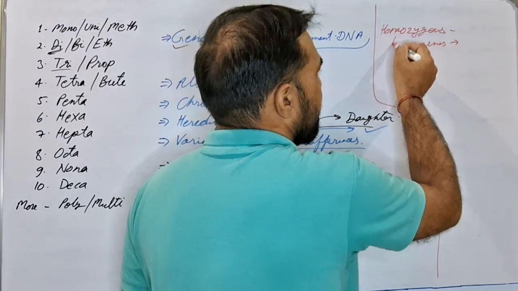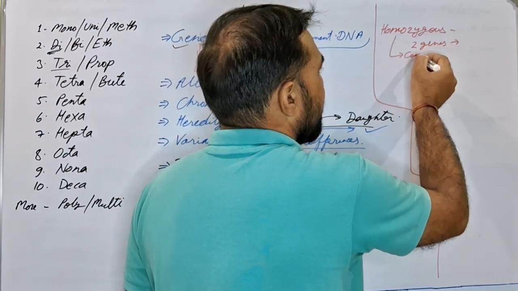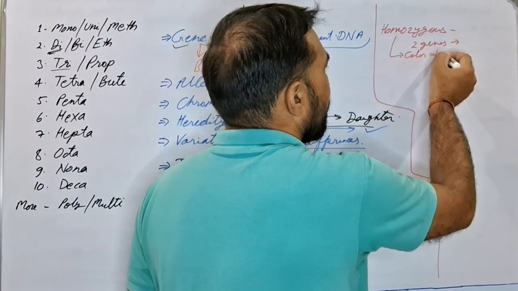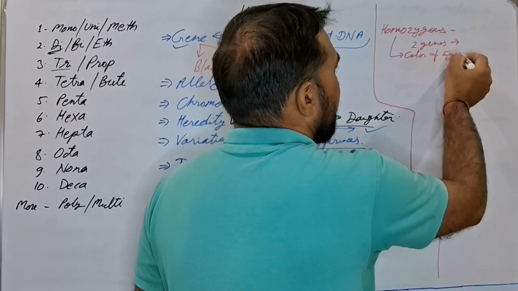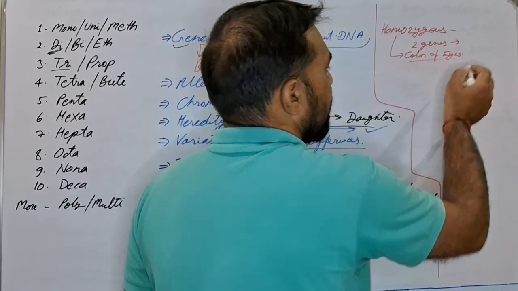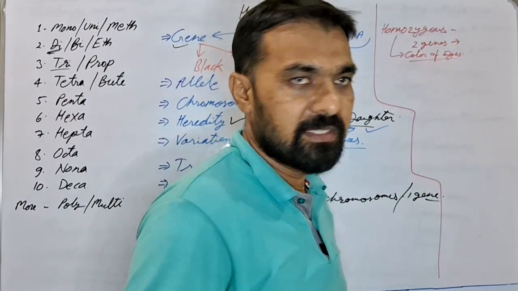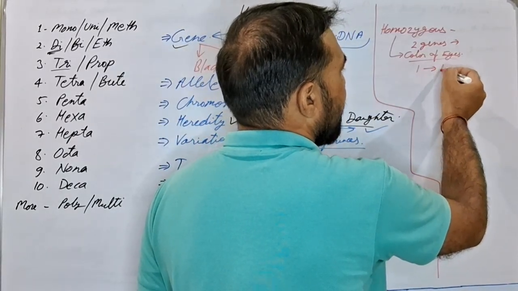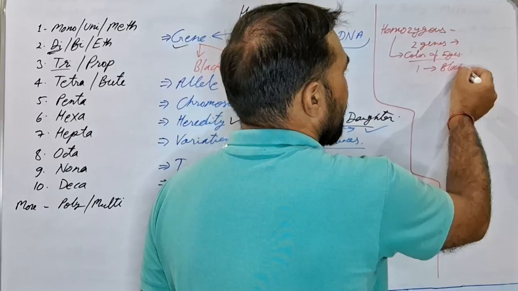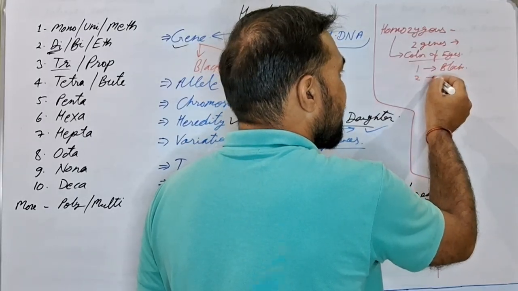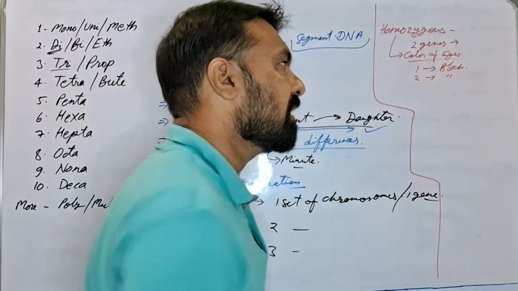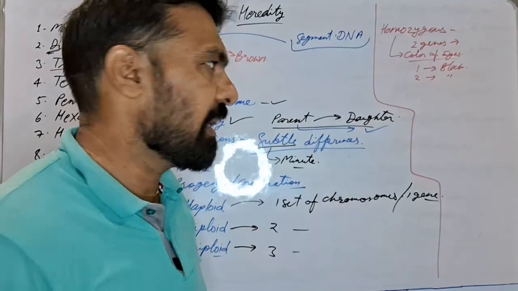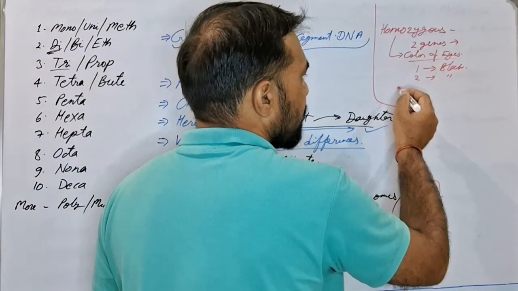If we take an example such as color of eyes, there are two genes present for controlling the color of eyes. One gene is representing that the color of eye will be black, while the second gene also represents that the color of eyes will be black. Such situation is known as homozygous situation.